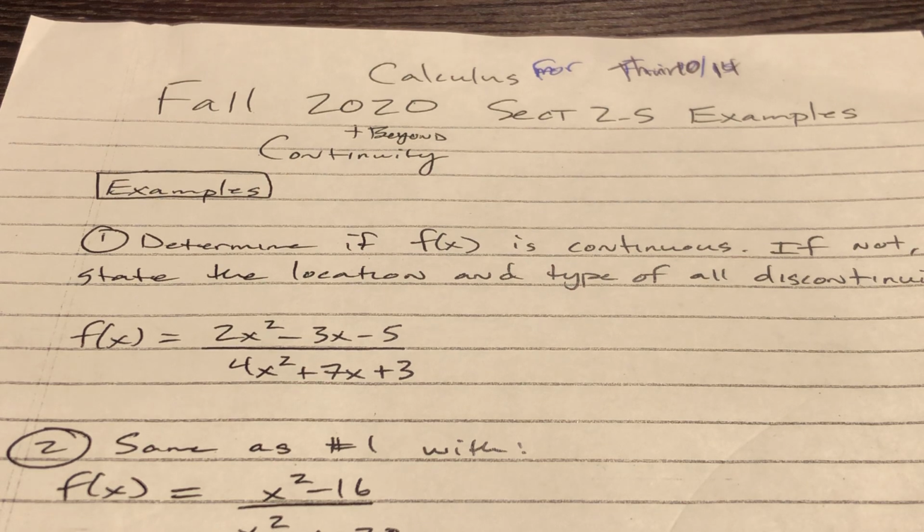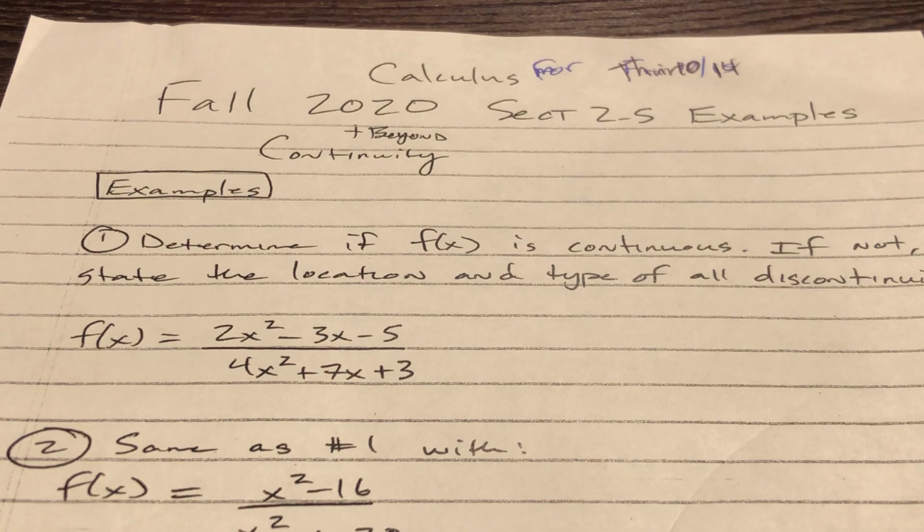Think about the absolute value functions that we made in college algebra. If I have to pick up my pencil for any reason, or if I have to start my graph at a certain place and I can't go anywhere to the left or to the right, then we have a discontinuity. F of x is not continuous in some region, some area.